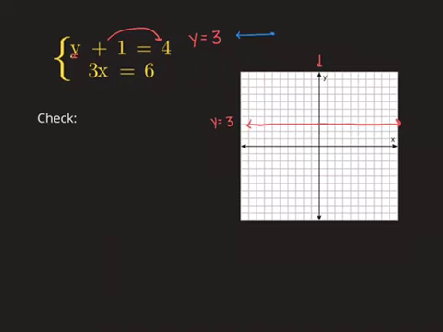Now the next equation only has x in it. So I'm going to start by solving for x by dividing both sides by 3, so I get x is equal to 2. So that means it's only going to cross the x-axis. So if that happens, if it only crosses the x-axis, that means it has to be a vertical line. It has to go up and down. So I'm going to go to where x is 2, and I'm going to make a vertical line through where x is 2.